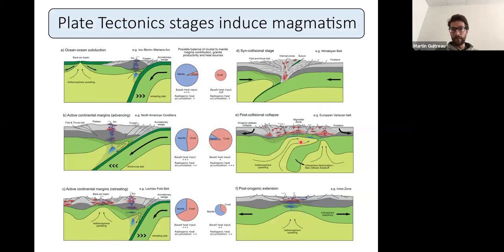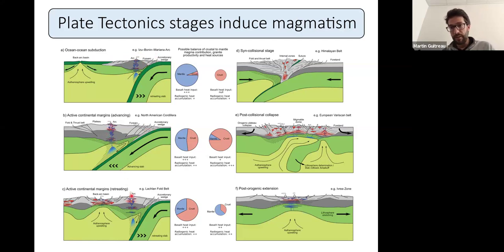Unfortunately, plate tectonics at various stages will induce magmatism. This is what is illustrated here in this figure from Jacob et al. 2021, where you have different conditions, like ocean-ocean subduction with a volcanic arc, typically like the Izu-Bonin-Mariana arc, or you have an active convergent margin, and so on.